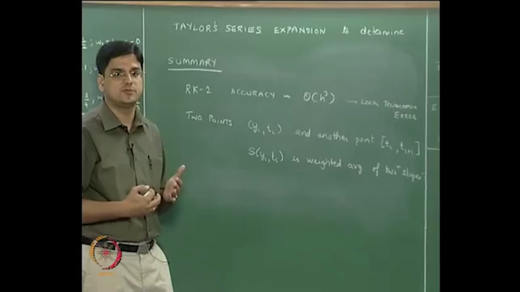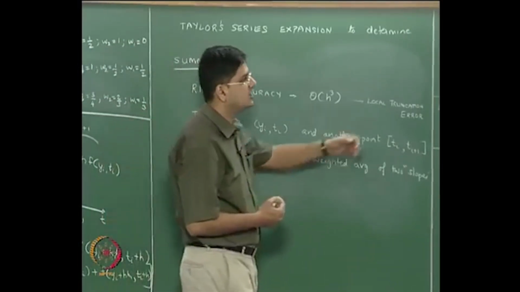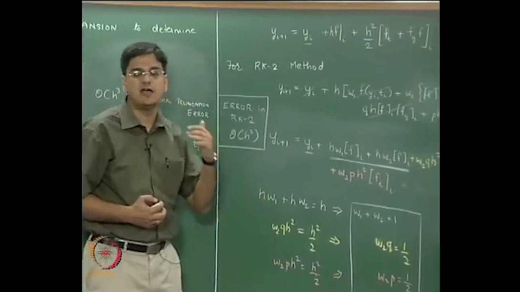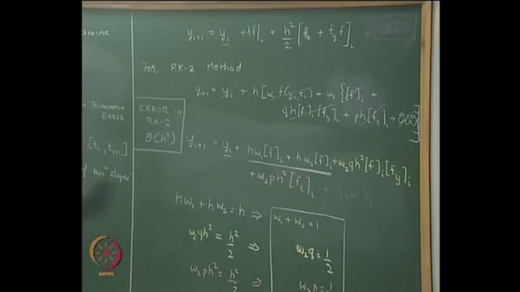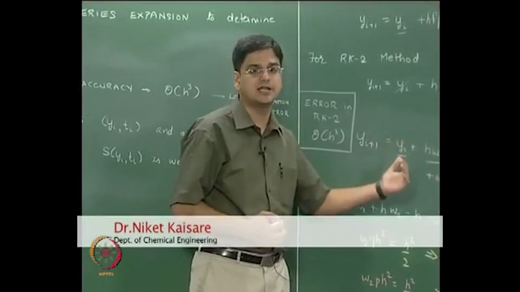In lecture 3 in this particular module, now that we have derived the overall expression for RK2 method, I will quickly derive the expression for the Euler's method and show that the Euler's method is less accurate than the RK2 method.